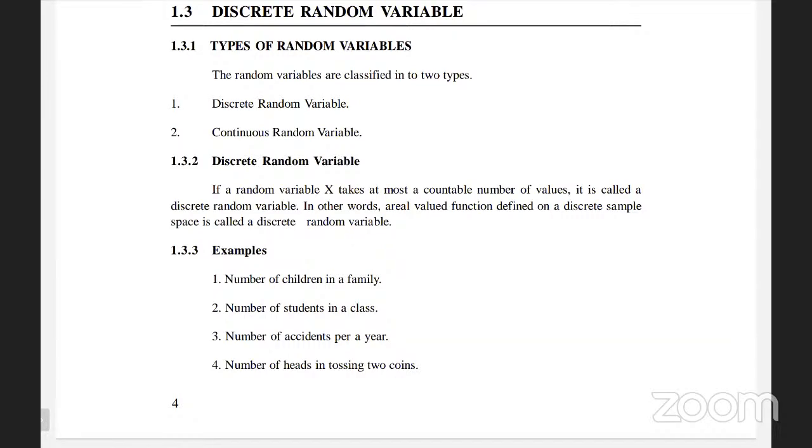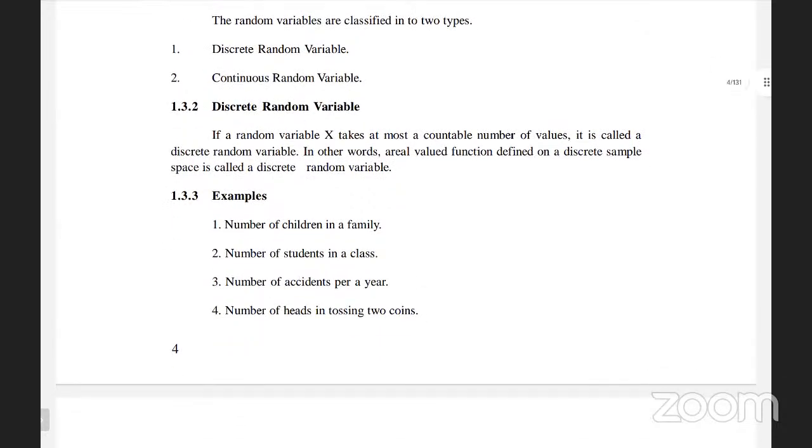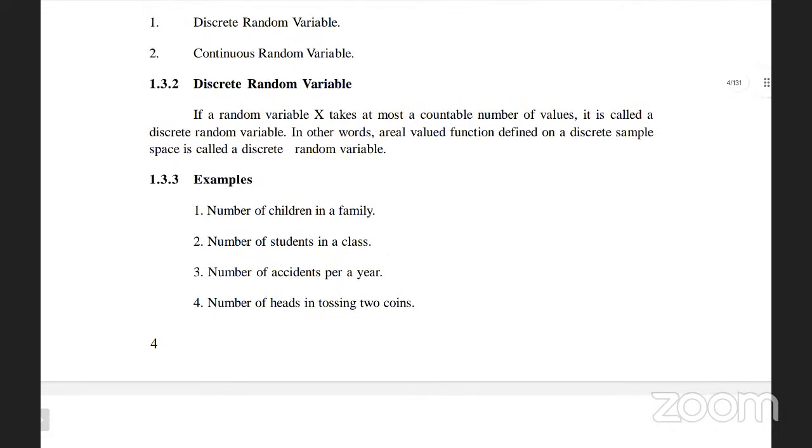Random variables are classified into two types, discrete or continuous. If the random variable capital X takes at most countable values, it is called a discrete random variable. For example, the number of children in a family is a discrete count.